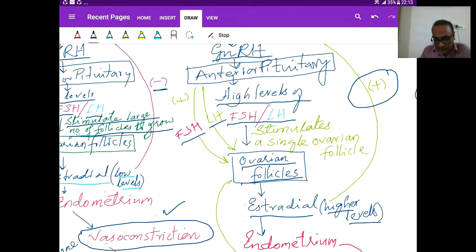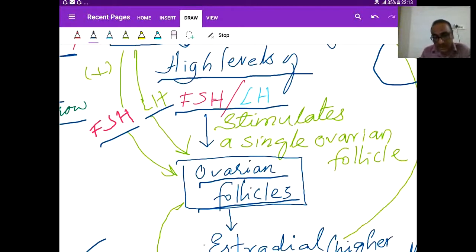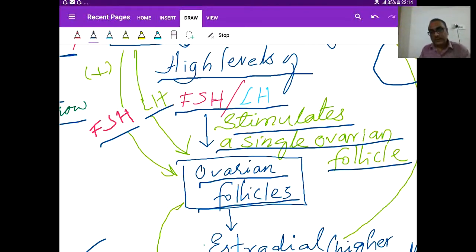And the main important thing we have to observe here is that when there is a higher level of both FSH and LH, that will stimulate a single ovarian follicle. Many ovarian follicles had already begun to grow and were on the way through primary, secondary, tertiary levels.